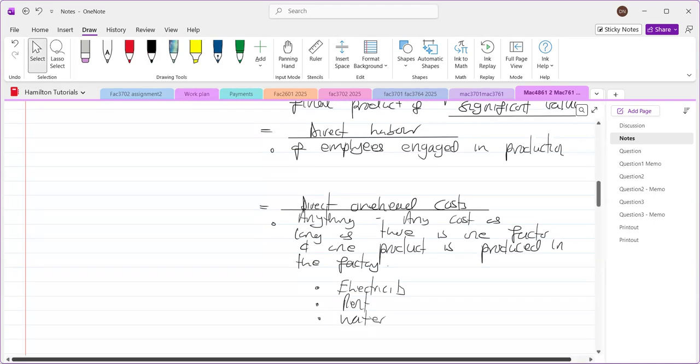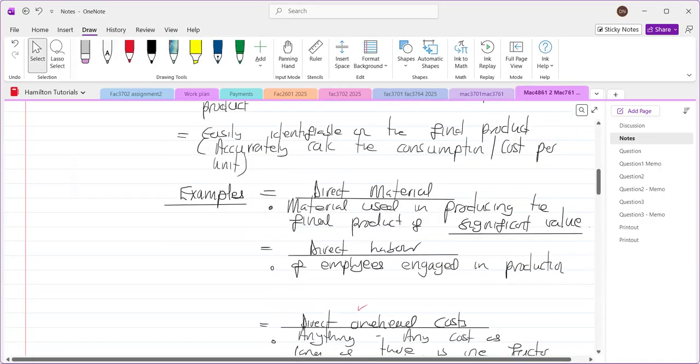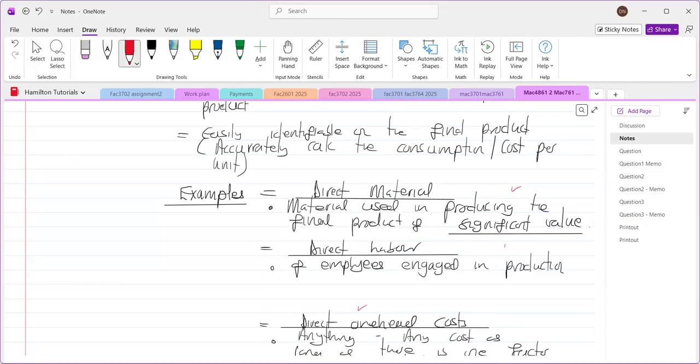By the way, when we talk about the term overhead, any cost that is not direct material, any cost that is not direct labor, is an overhead. So in a factory, if we leave out the direct material and the direct labor, what remains is an overhead, regardless of whatever type of cost it is. Then it becomes an overhead.